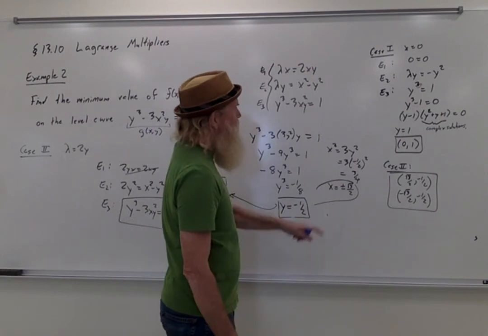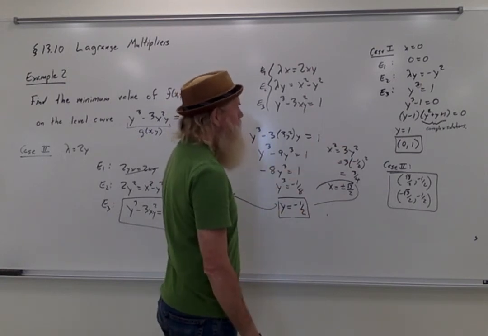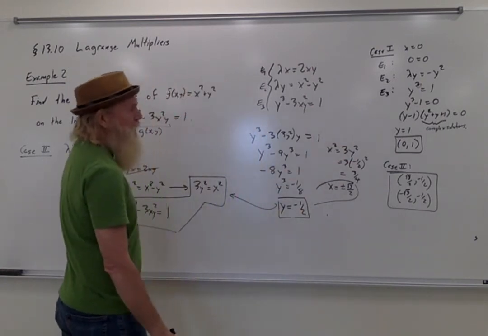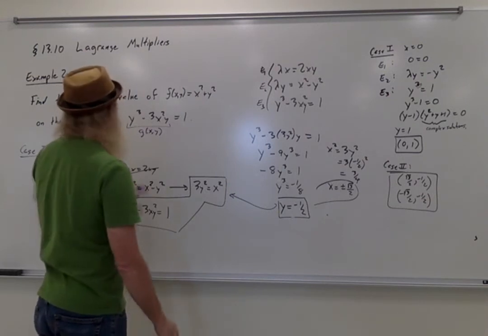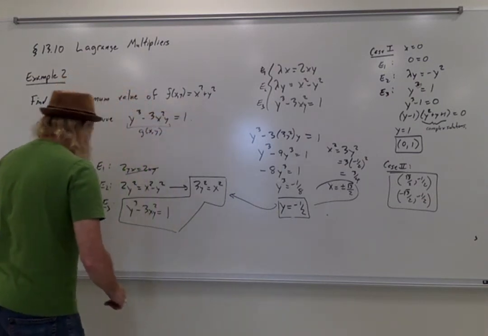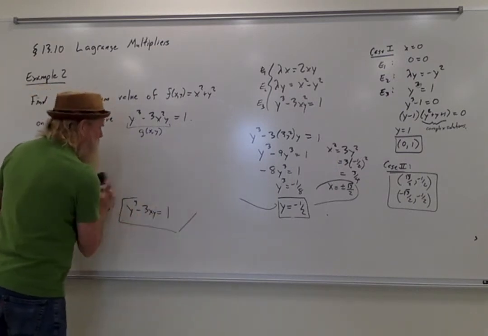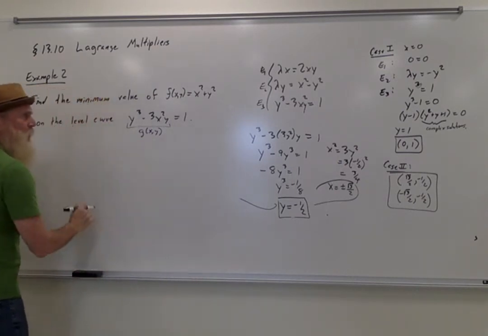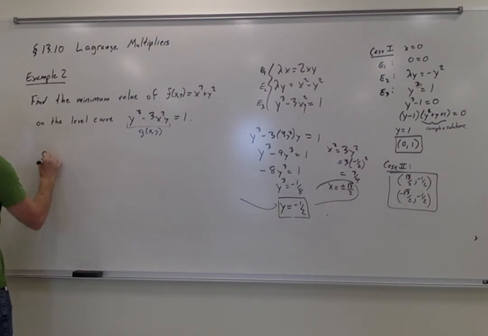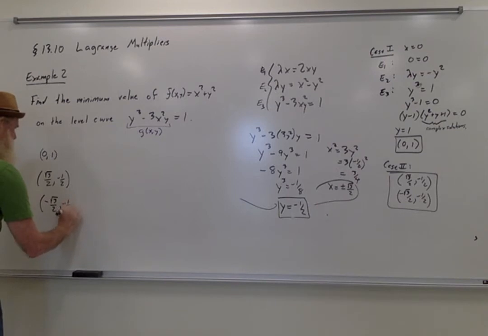And that gives us 3 different points that we need to check so that we can figure out which one represents the minimum value of this function. So the 3 points are 0, 1, square root of 3 over 2, negative a half, and negative square root of 3 over 2, negative a half.